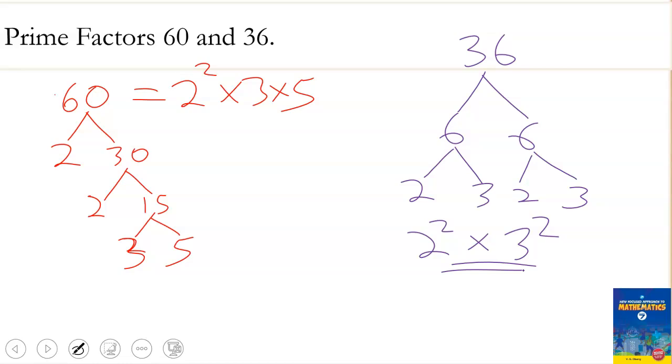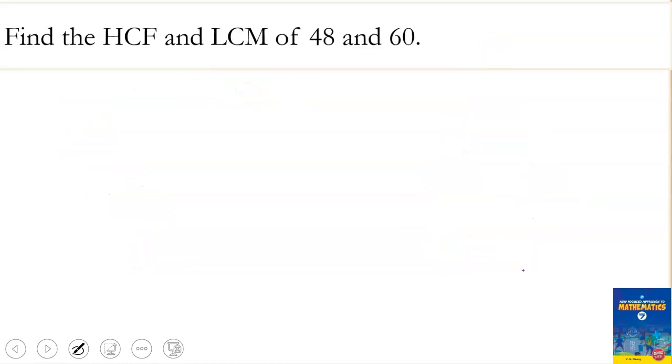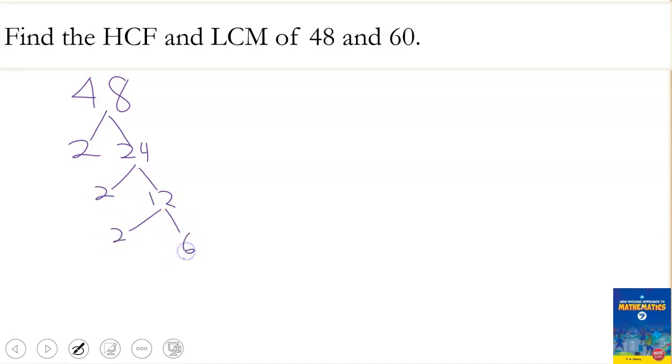Now, how do we leverage this idea to find the highest common factor and the lowest common multiple of two numbers? Let's start with 48. When we go through the same process, I can say 2 into 48 is 24, 2 into 24 is 12, 2 into 12 is 6, then 2 and 3.